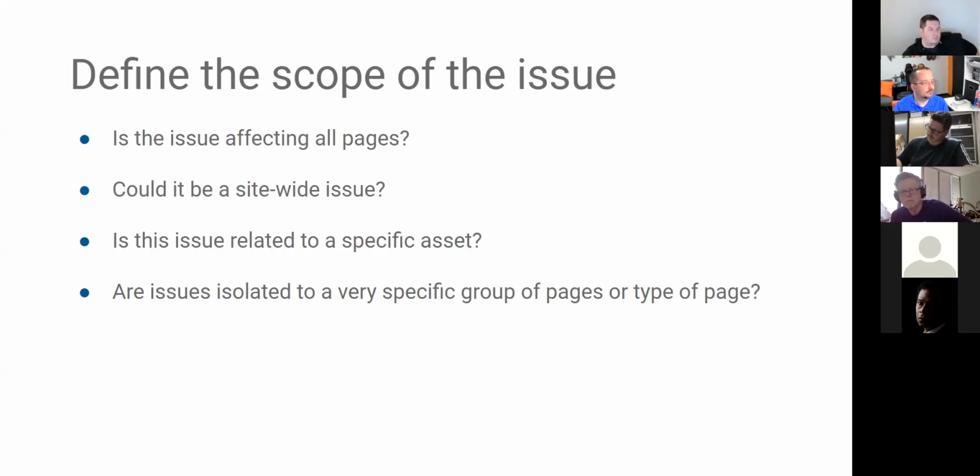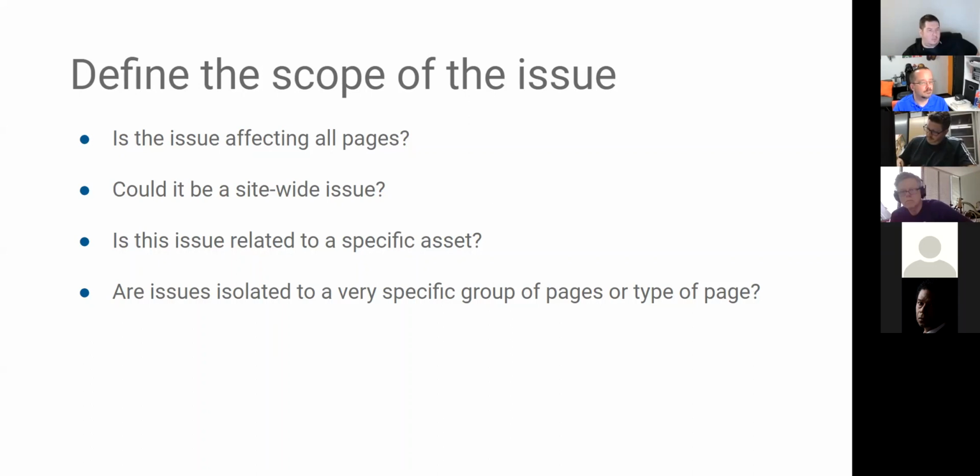Maybe you have some JavaScript on your site that might be causing a problem for some of the pages. Are the issues isolated to a very specific group of pages? Maybe you have an image that's used on a lot of different pages. I can't think of something off the top of my head, but maybe you use an unoptimized image across a few different pages. You might see a grouping of those.